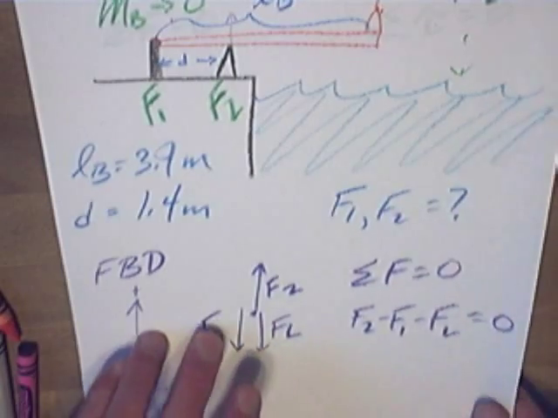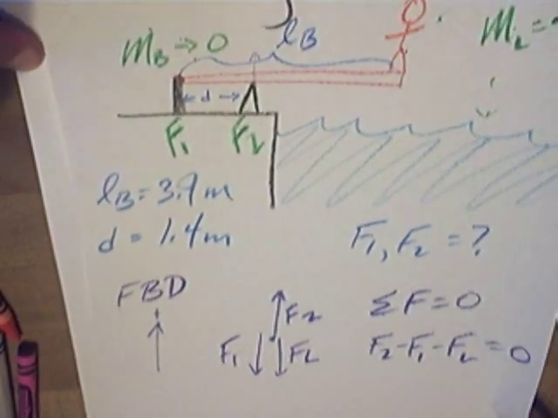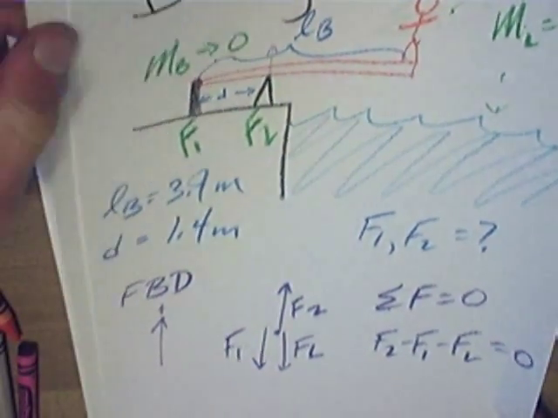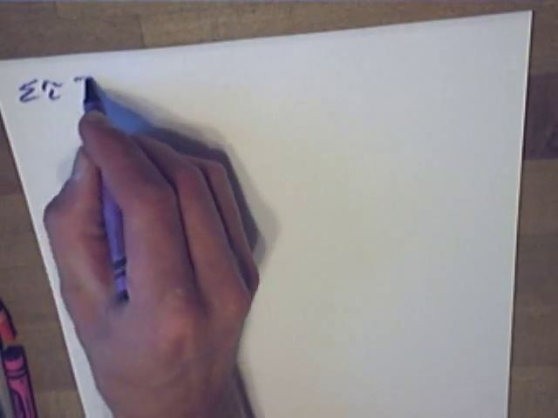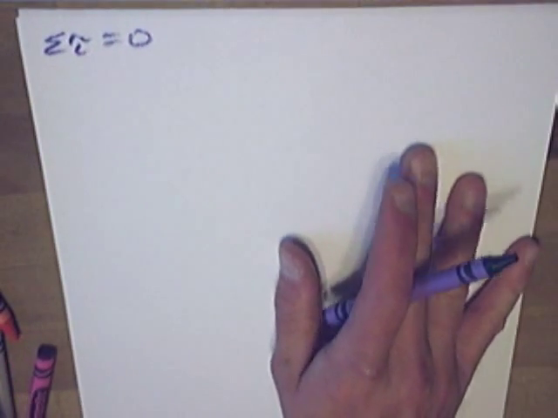But now I also have to take torques into account, because I have length. Now we draw a torque diagram. The sum of our torques has to equal 0. This actually has to be a length.